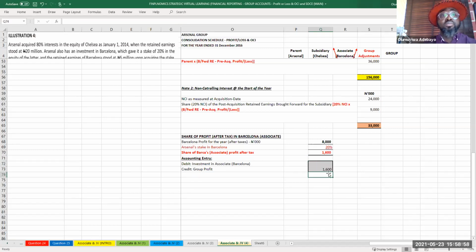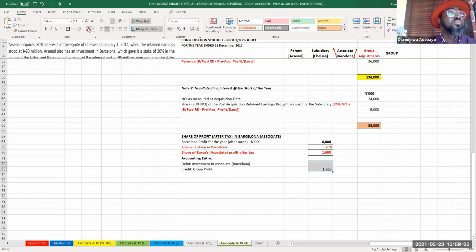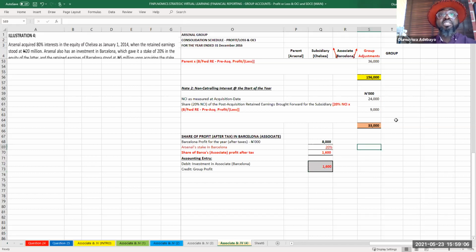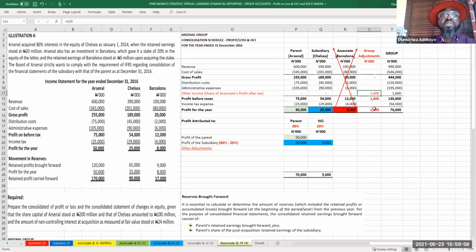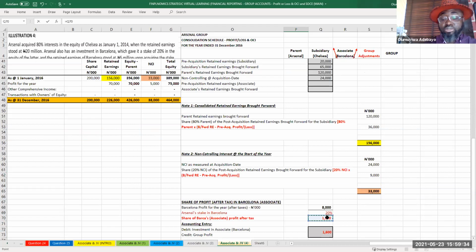With 1.6. That credit is what you are seeing here as credits. Okay, at the end of the day, I'll come here, share of associates' profits for the year. That's 1.6.